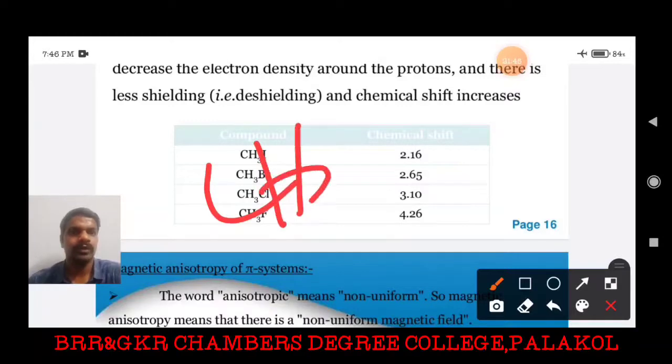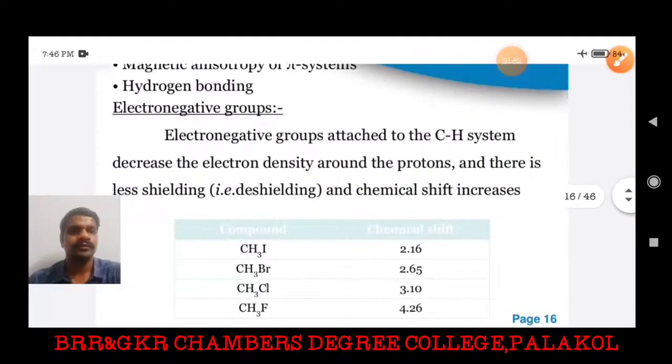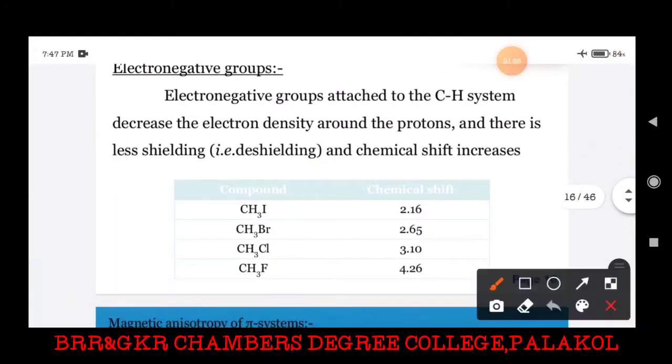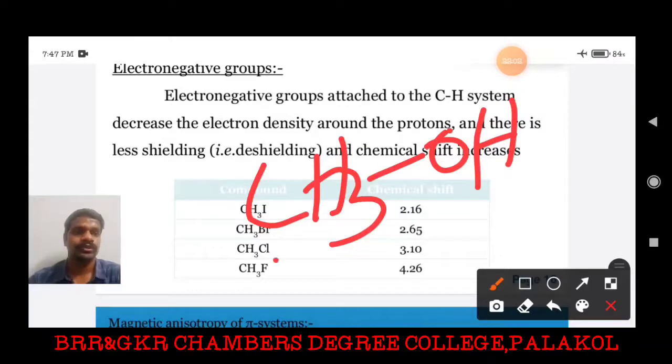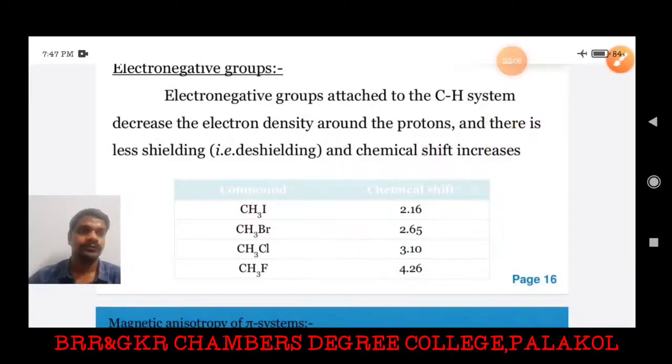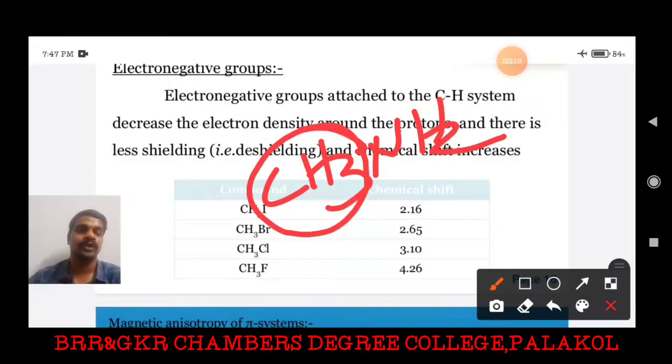Methyl fluoride has the highest chemical shift value, and after that methyl alcohol, that means methanol, has protons with a lower chemical shift value than methyl fluoride, and finally the methylamine hydrogens have the lowest chemical shift value.